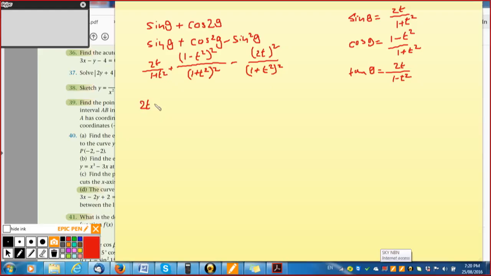So we've got 2t times 1 plus t squared, all over 1 plus t squared all squared, plus 1 minus t squared all squared, all on 1 plus t squared all squared, minus 4t squared.